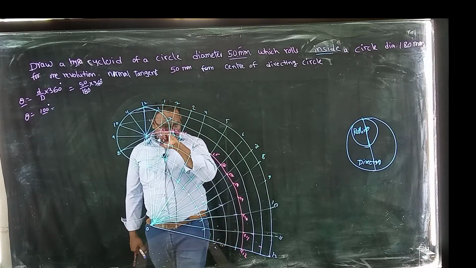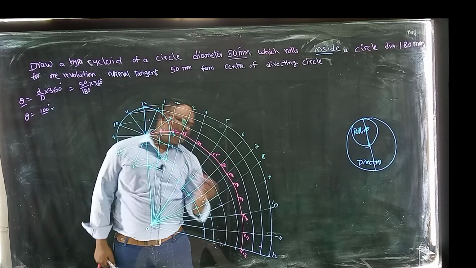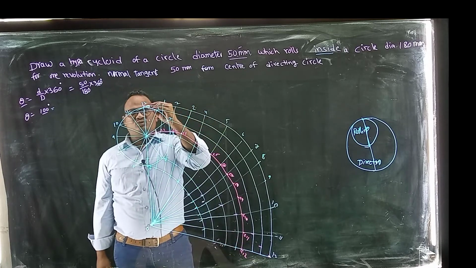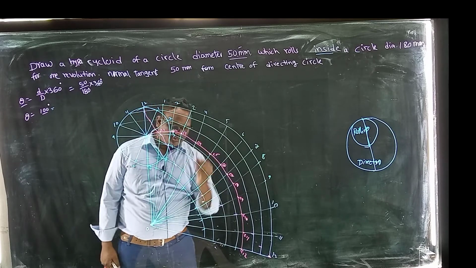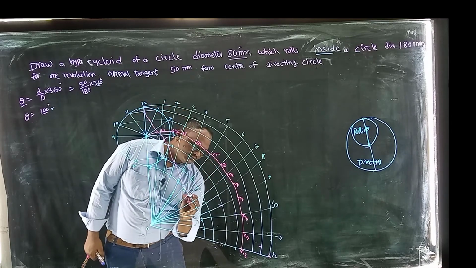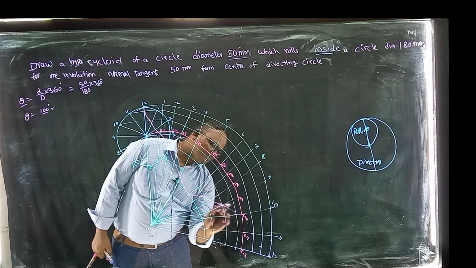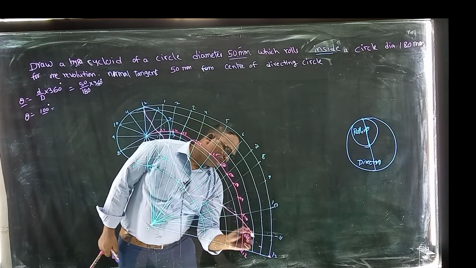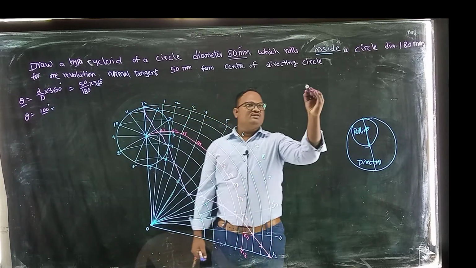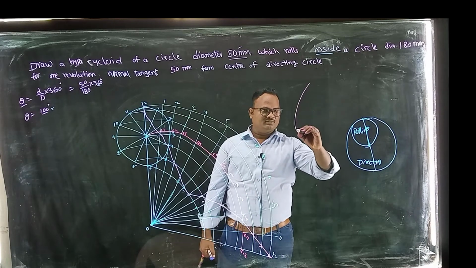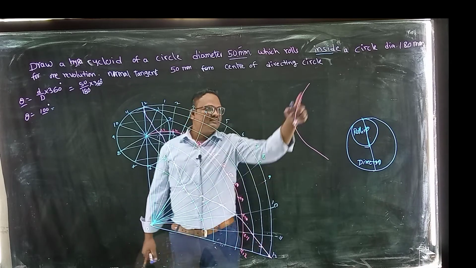If you draw as per the dimensions, you will get a curve like this, from the starting point to the final point, gradually changing. Here to here you will get a smooth curve like this.